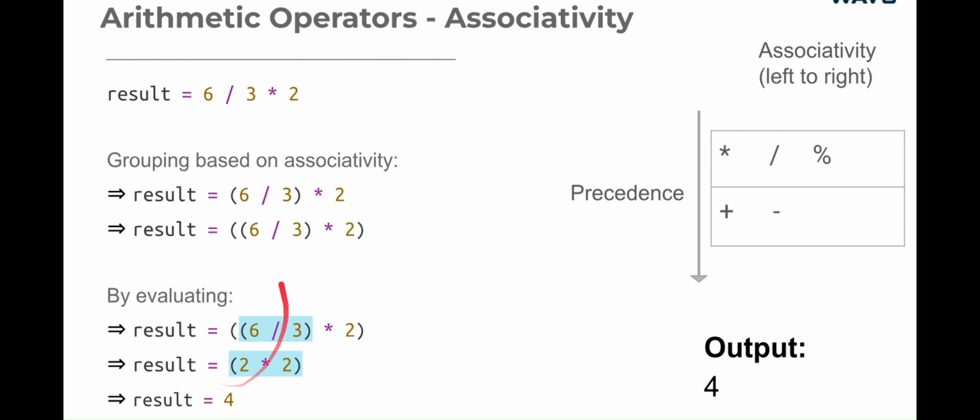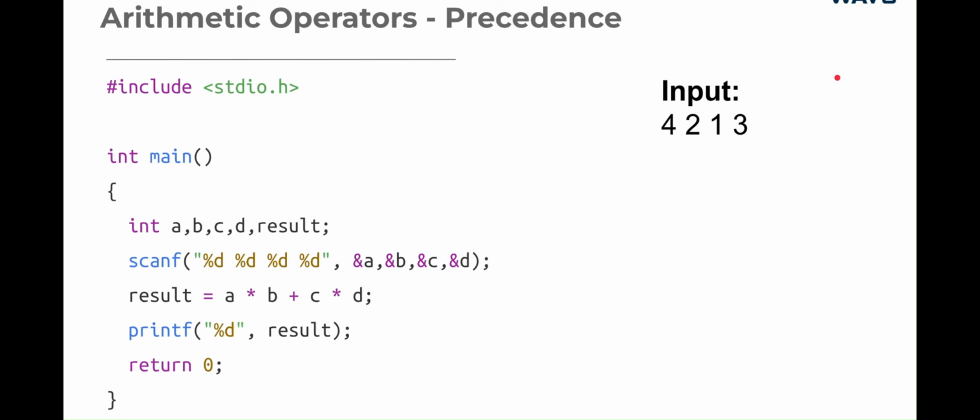So we used first 6 divided by 3, and second the multiplication operation. In this process we have evaluated. We have grouped based on the associative property, whereas the associative property is from left to right.